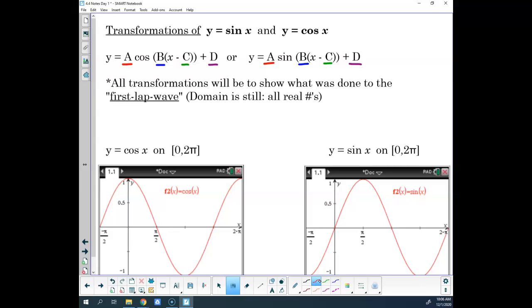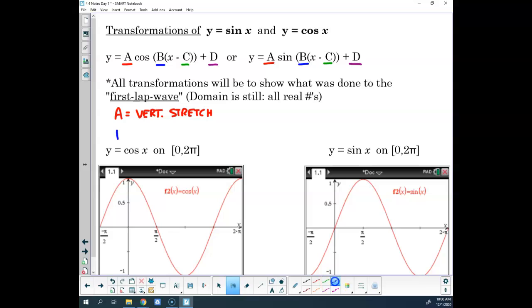But what A does, A stands for amplitude. It is our vertical stretch. So it expands it vertically or it condenses it vertically. That's what the A value does, and that's what we're going to focus in on here in about 5 minutes.